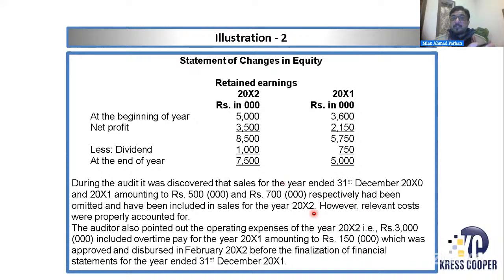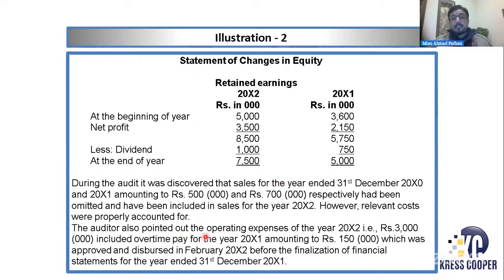We will reduce the sales for X2 and increase the previous two years' sales, because of which the impact on opening retained earnings will be an increase. However, the relevant cost of goods sold was properly accounted for, so we don't need to change the cost of goods sold figure now. So the treatment I have discussed with you.